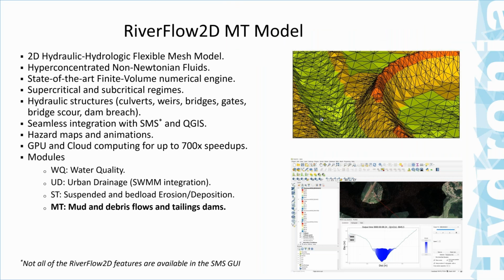So the RiverFlow2D model with the mud and tailings module, which we call the RiverFlow2D MT model, is a two-dimensional hydraulic and hydrological flexible mesh model. When we say hydraulic and hydrologic, we mean that not only the routing of the flood can be represented, but also the rainfall and infiltration processes as in a hydrologic model.